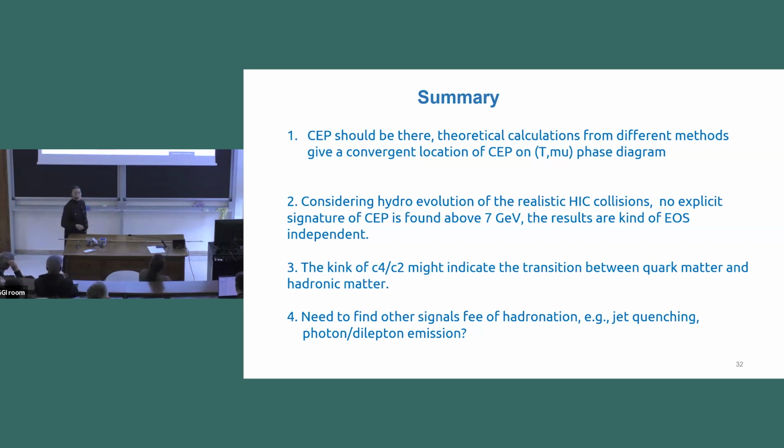We are still running the code, and we hope to answer this question in the future. What I want to emphasize is that we do not need to focus only on net proton fluctuations as the signature for the CEP. We need to find other signatures for the critical point.